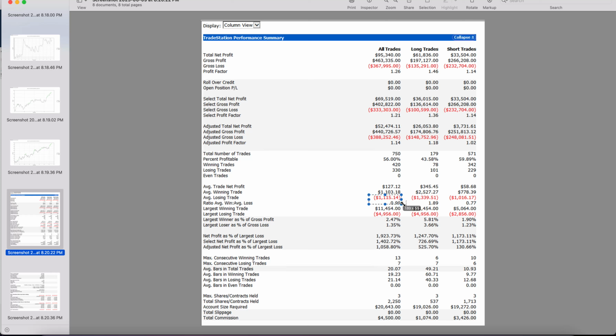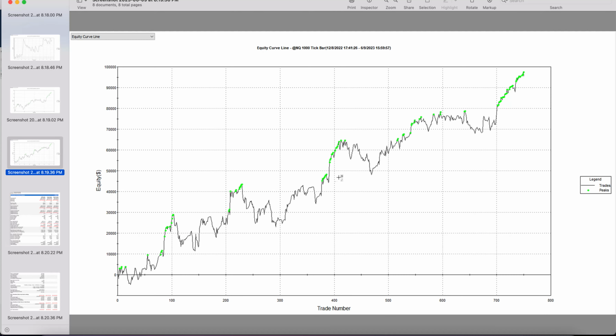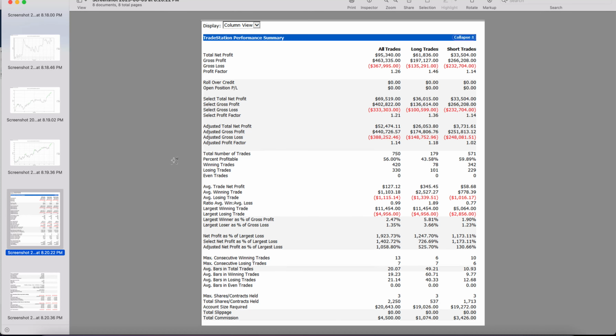Average losing trade is 1115. And in this case, you're winning more often than you're losing. You've got consecutive winning trades at 13 and consecutive losing trades at 7. So you put all that math together, and it's just statistics, and it shows a winning system. Obviously, that's what goes into an equity curve that goes up like that.